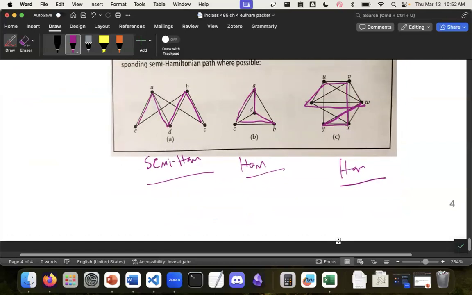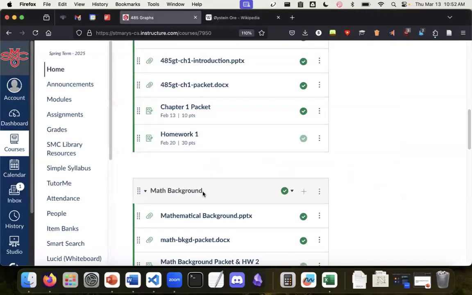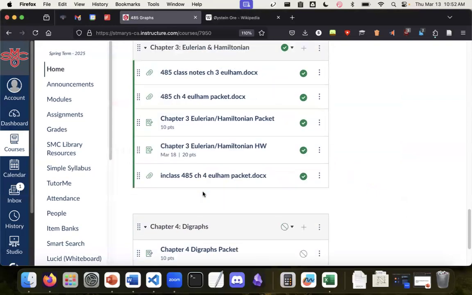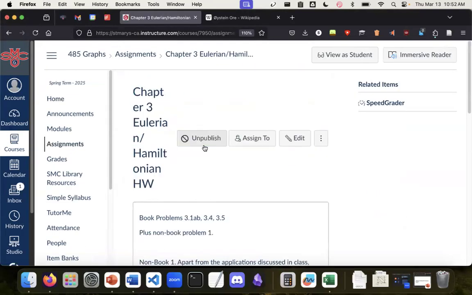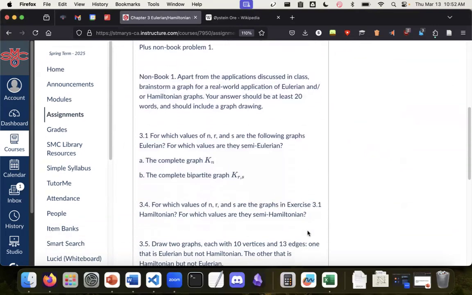Awesome. So that's the end of the packet. My plan for the rest of the class is, if you would like, I'll give you time to still talk with your partner and think through the homework if you've still got work to do on that.